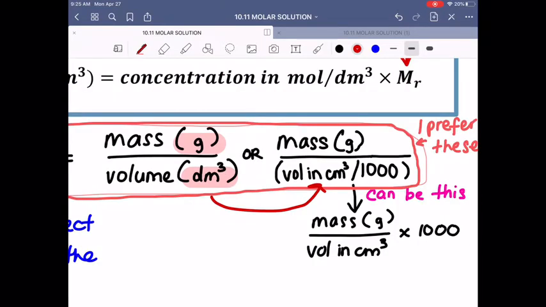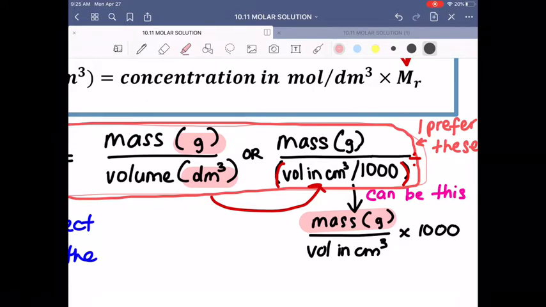Make sure when you key in your calculator, after dividing, you put a bracket here to make your life easier. Otherwise, if you don't put any bracket, your mass in gram divided by volume in centimeter cube will be multiplied with 1000, just like this.